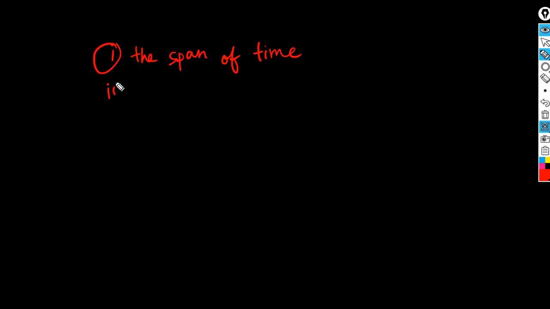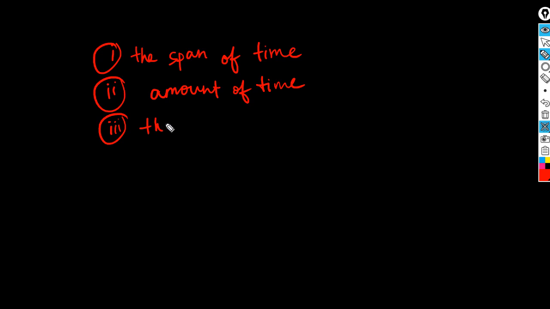Number two, the amount of time. And number three, the agents. Please note down these notes in your notebook.